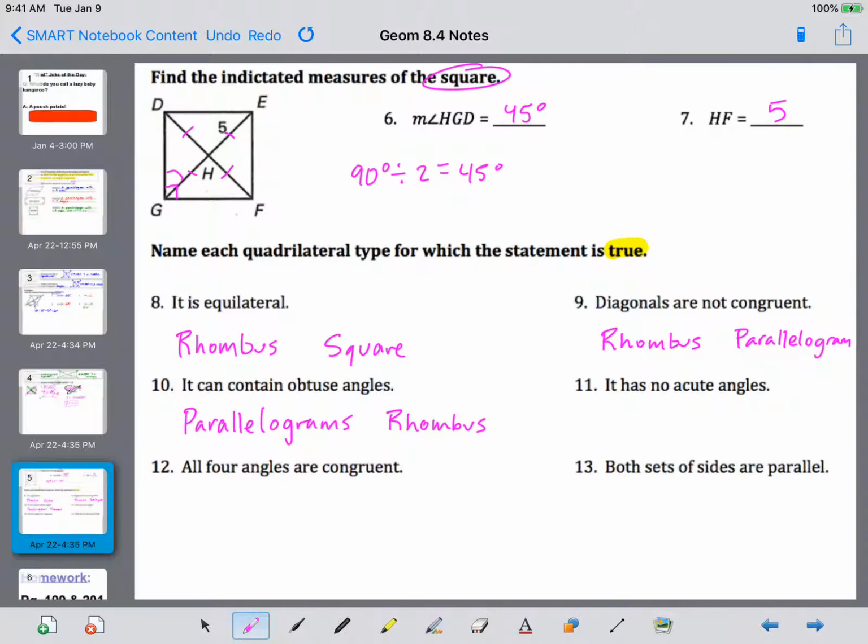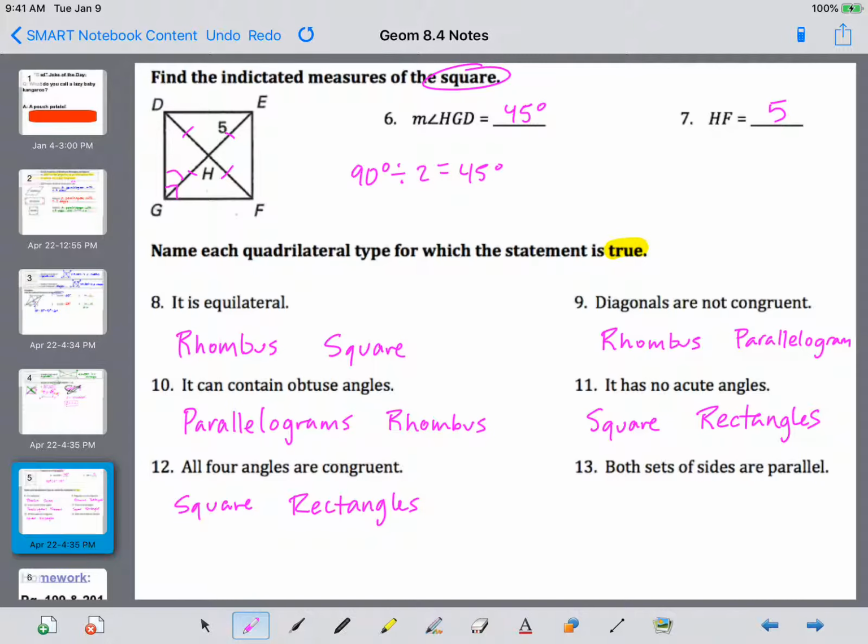Well, that's true in squares and rectangles because those have all right angles. All right. Okay, number 12, all 4 angles are congruent. Well, that is actually the same answer as number 11. They're all right angles. In squares and rectangles, all the angles are congruent. That's actually in the definition of each of those shapes.